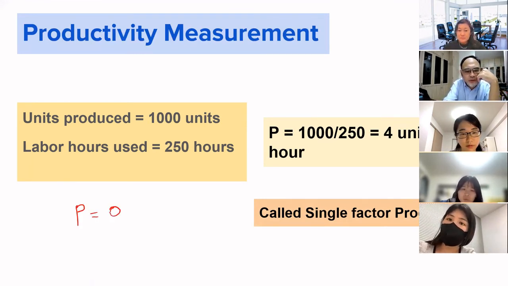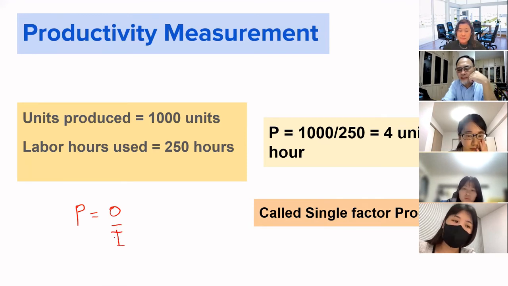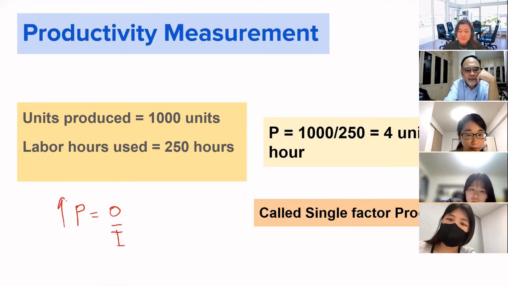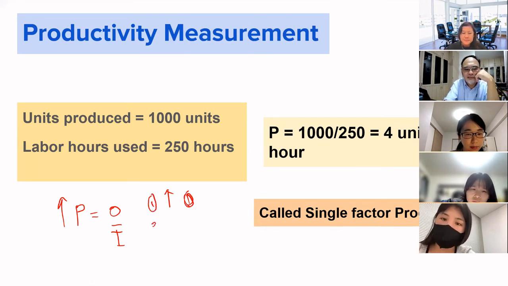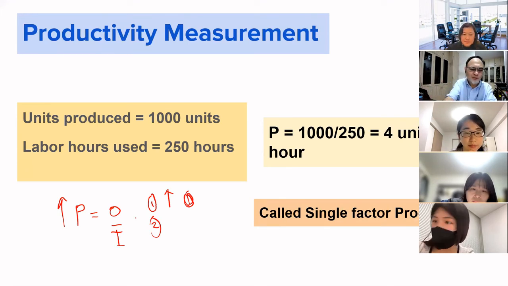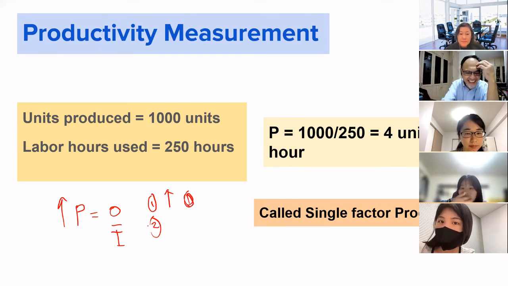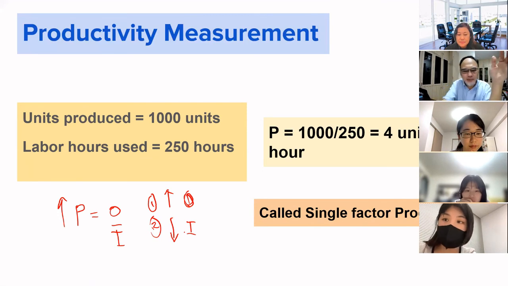P is equal to O divided by I. Mathematics, right? So how to increase P? By increasing the output. That is the first option. Second option? From the formula, should you reduce input? Then P will increase.